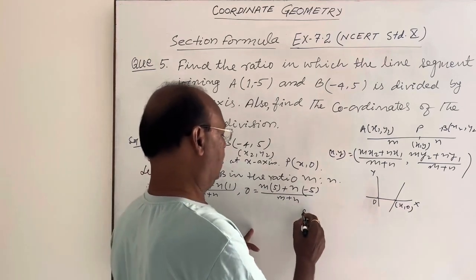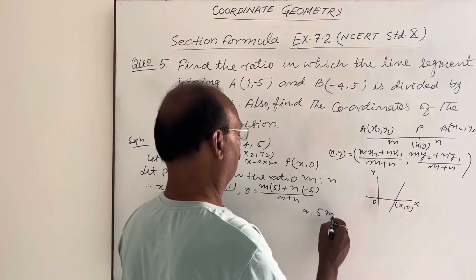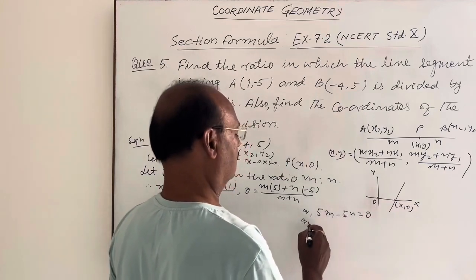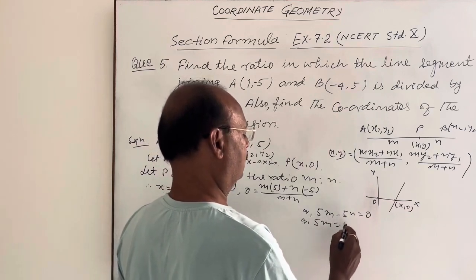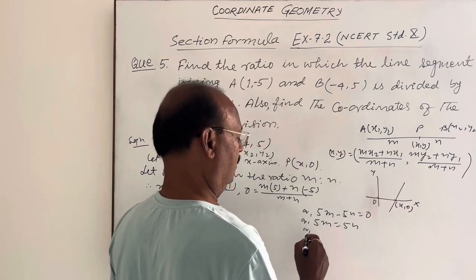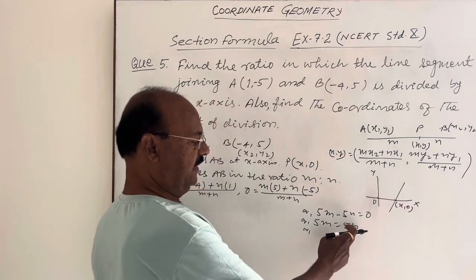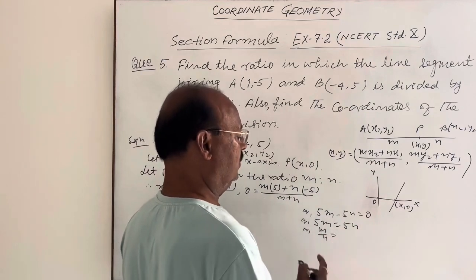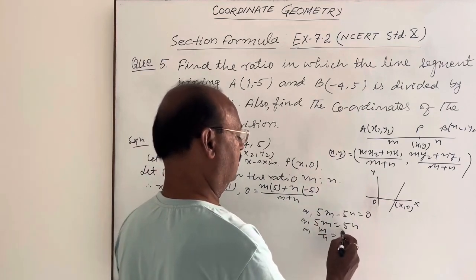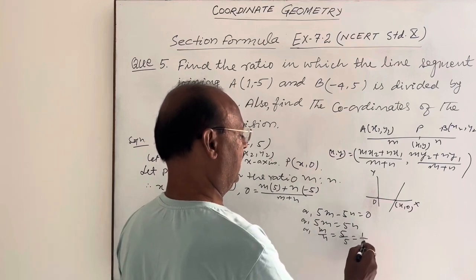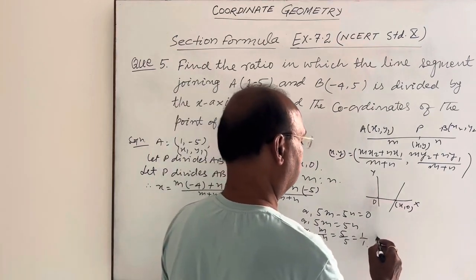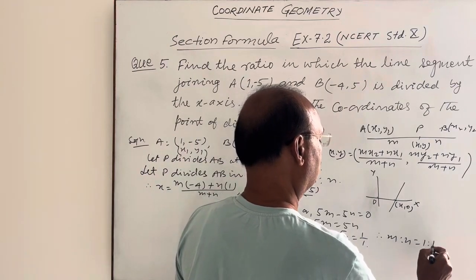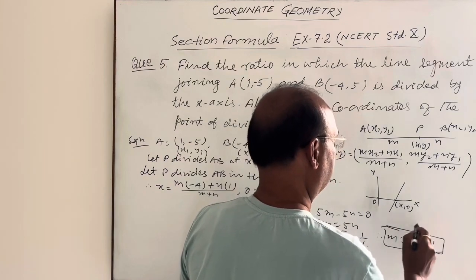So we get 5m - 5n = 0, or 5m = 5n, or transposing n to the left side, m/n = 5/5, which is nothing but 1/1. So we get the ratio m:n = 1:1. This is the answer here. Very simple.